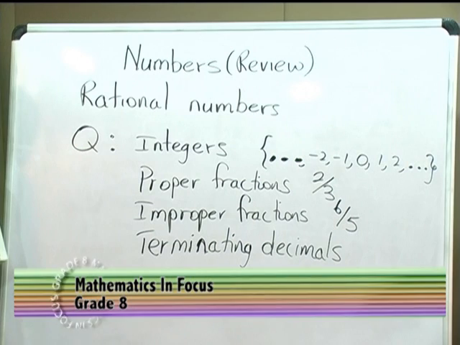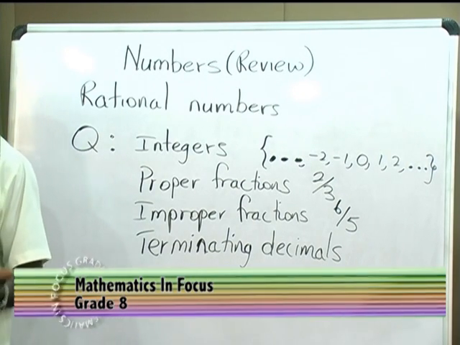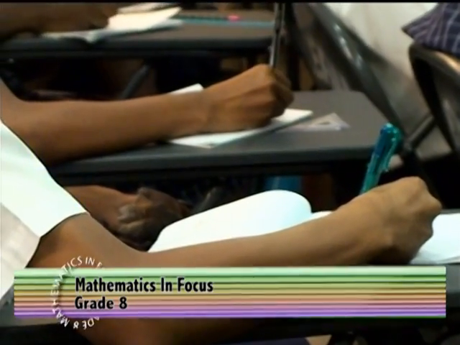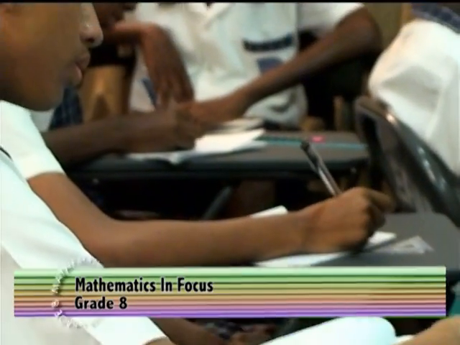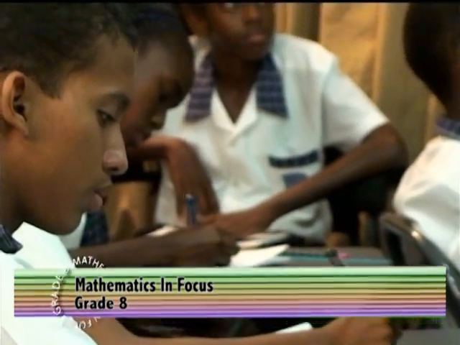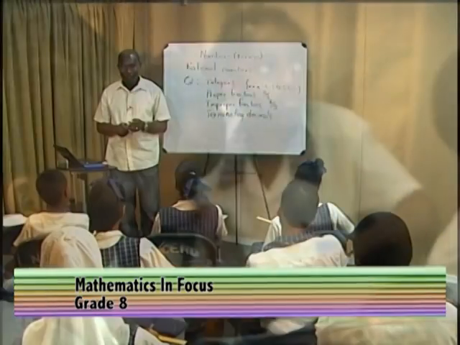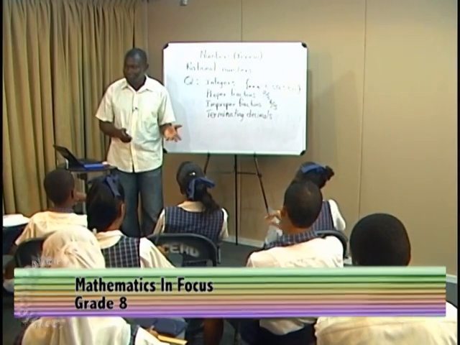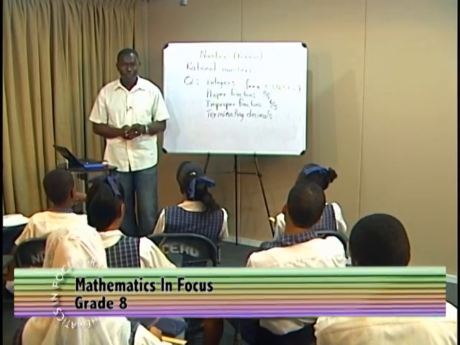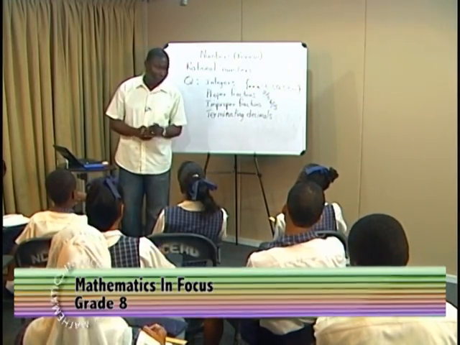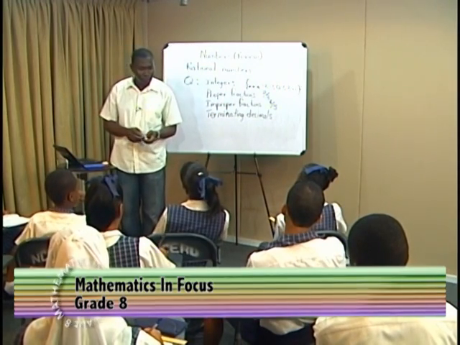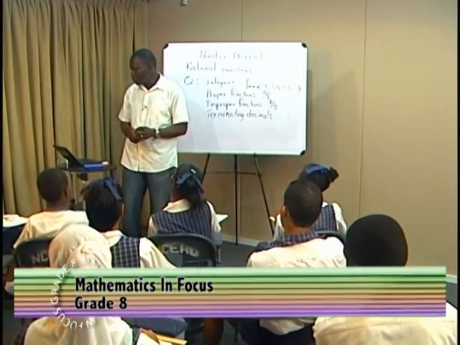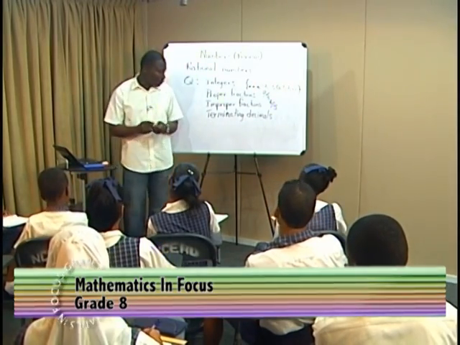All right, let me give one example. 0.45. That's one example of a terminating decimal. Can someone else give me an example now? 0.5. Another? 0.23. One more? 0.34. Yes, those are all terminating decimals.